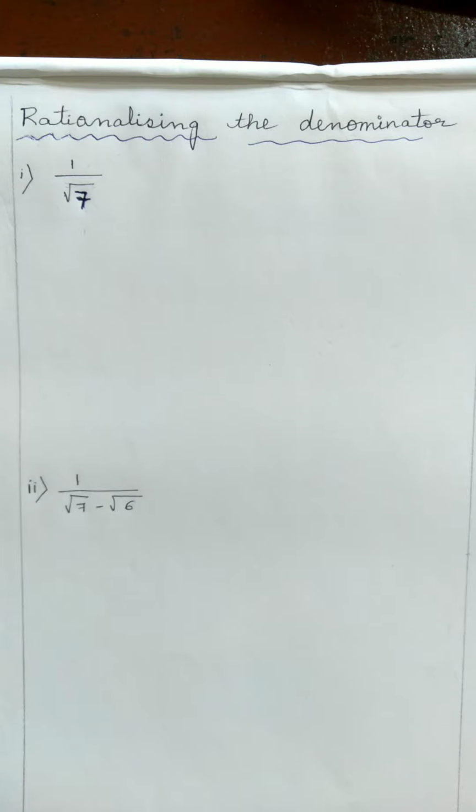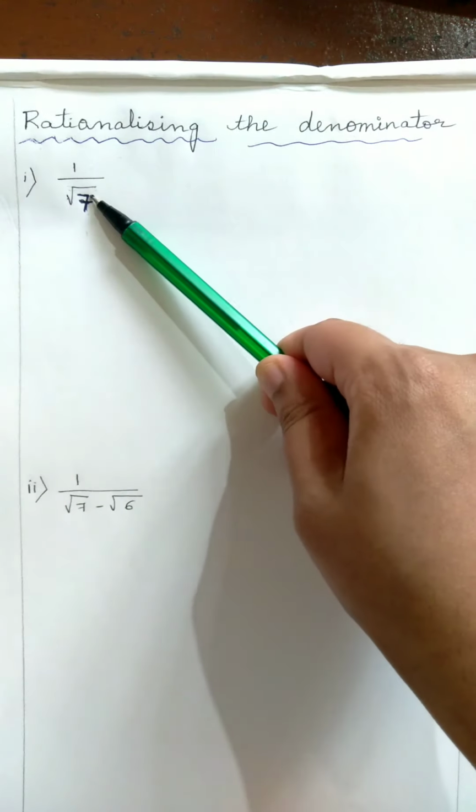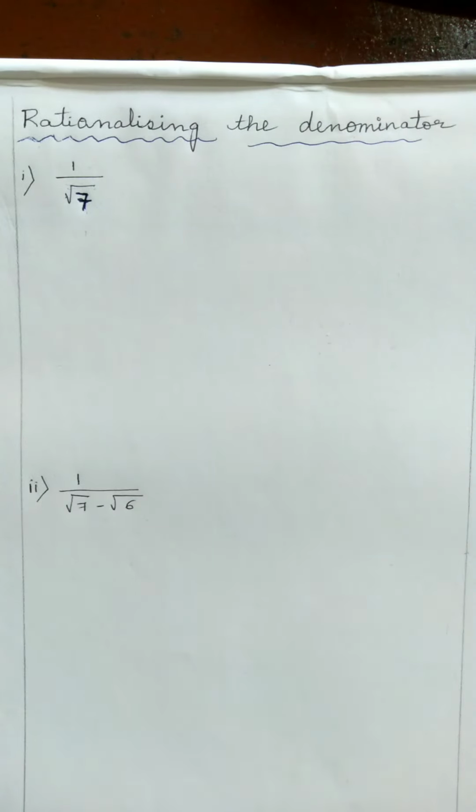In simpler terms, children, the denominator is converted to a rational number in order to make the simplification easier. This is called rationalizing the denominator.